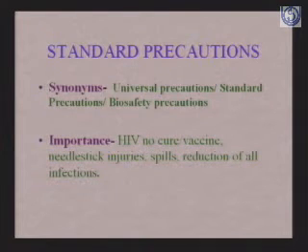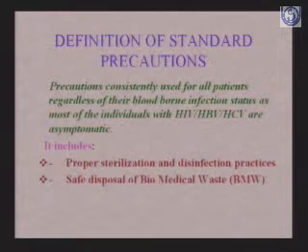The importance of these precautions, why we have to take these precautions, is because there are some diseases like HIV/AIDS which have no cure or vaccine, and needle stick injuries, spills, and all these pose a very big problem, and in order to reduce all these infections, the standard precautions are very important.